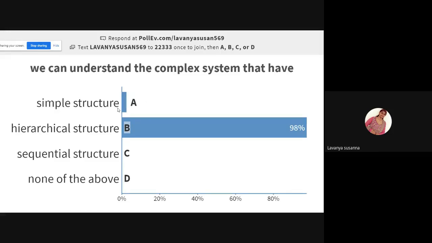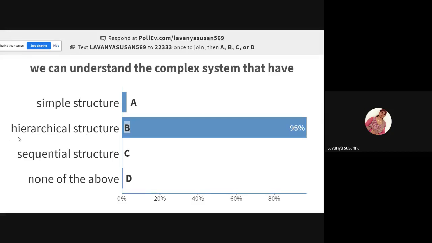It is a wrong answer. 98% have answered hierarchical structure. Very good. Yes. A complex system must have a hierarchical structure from lower level to higher level. It should not have a simple structure or sequential structure. The complex system must have a hierarchical structure.